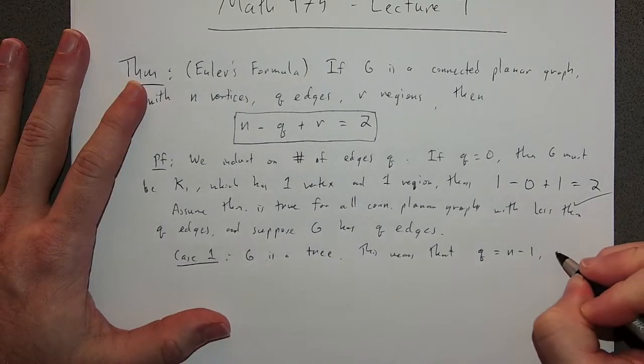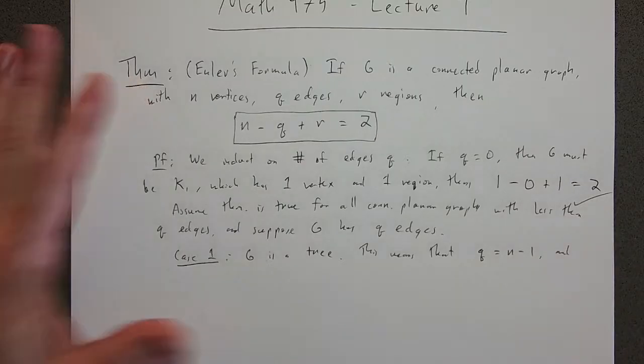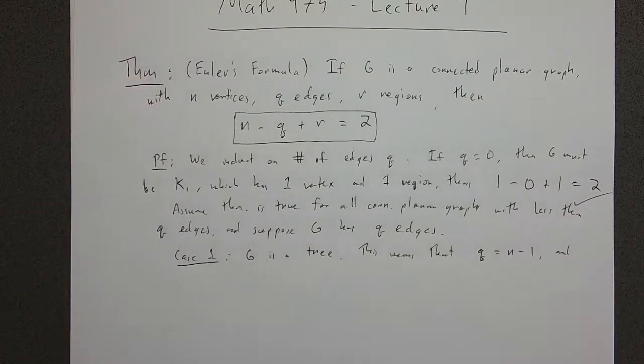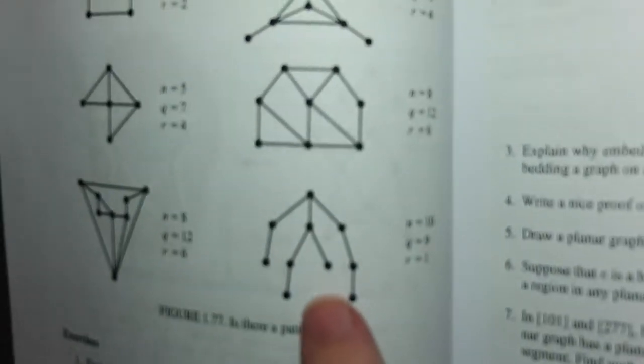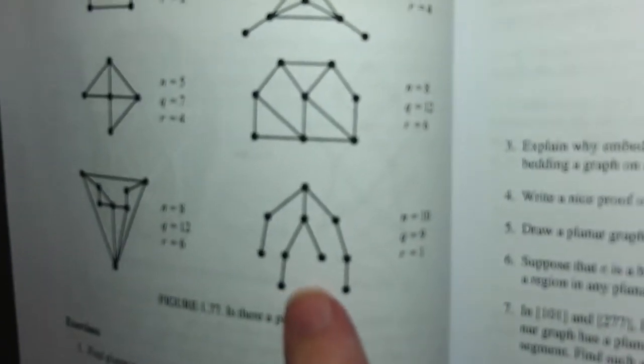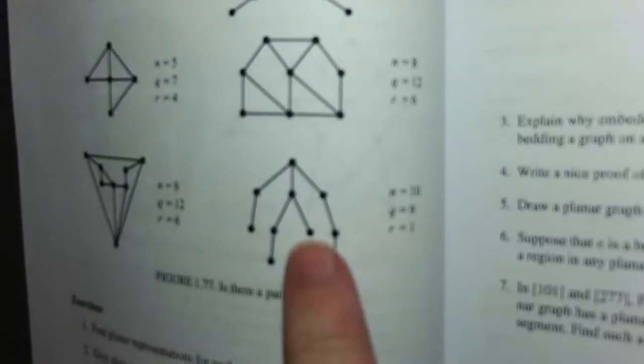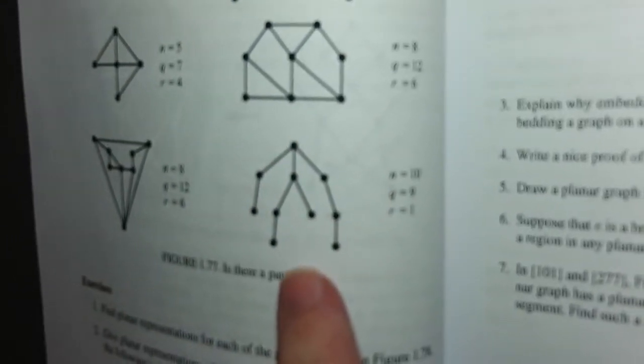Also, since it's a tree, what's the number of regions? Let's go back and look at this quick example. How many regions were present for this tree? 1. You think that's going to be the same for any tree? Yes. Why?